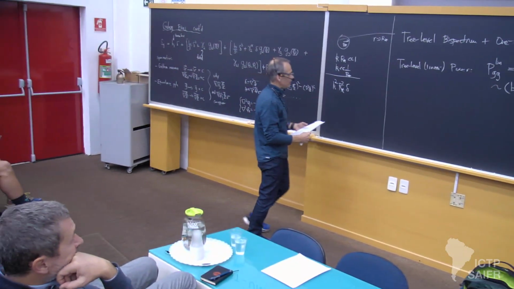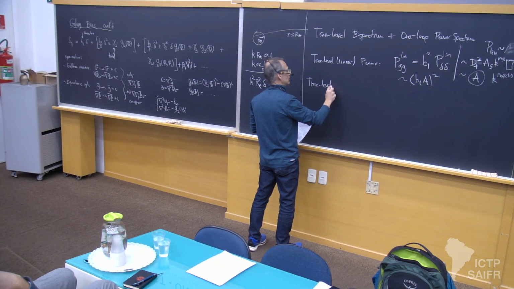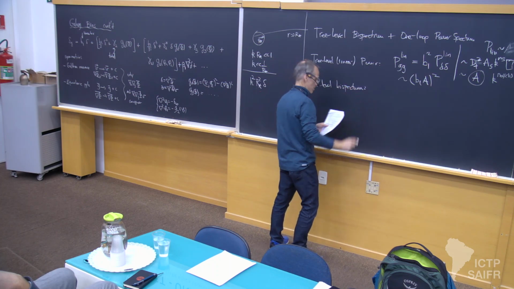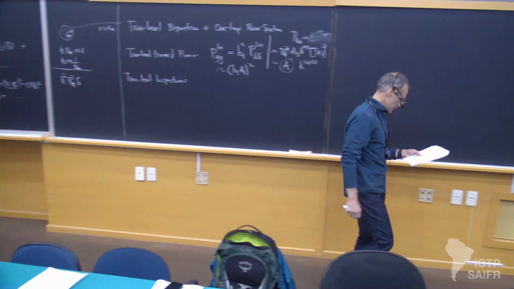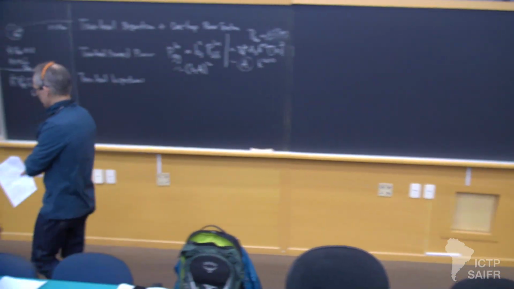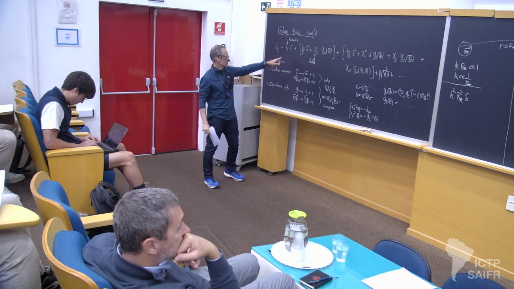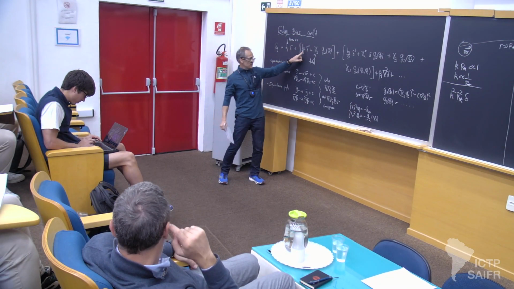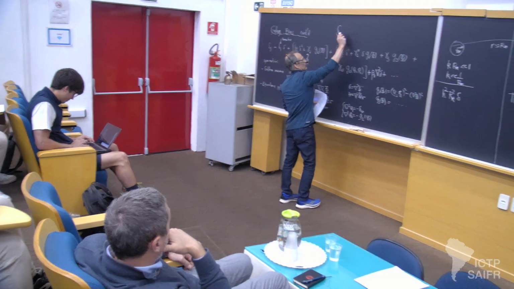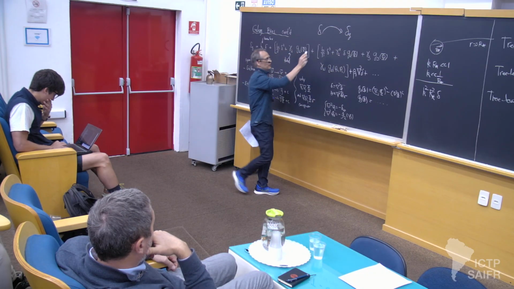Now let's do the tree-level bispectrum. Remember, when we did the gravitational one, we had to include up to quadratic nonlinearities. Now there is also quadratic bias, so the relationship when you go from delta to your tracer fluctuations is also nonlinear.